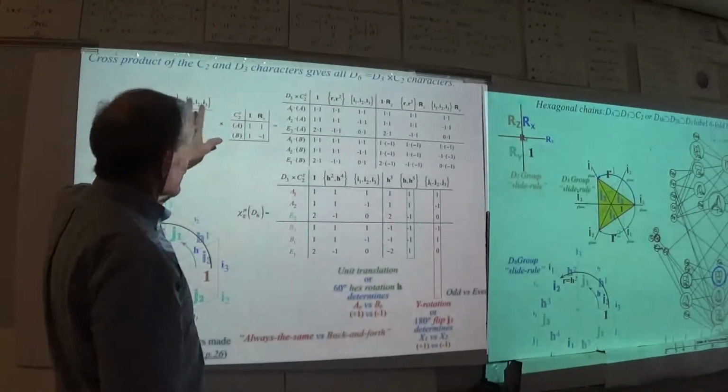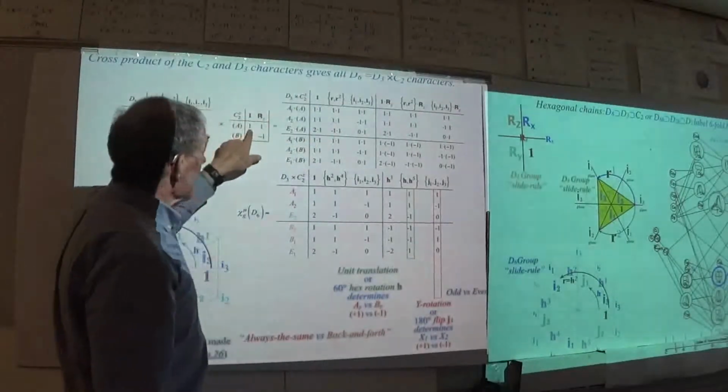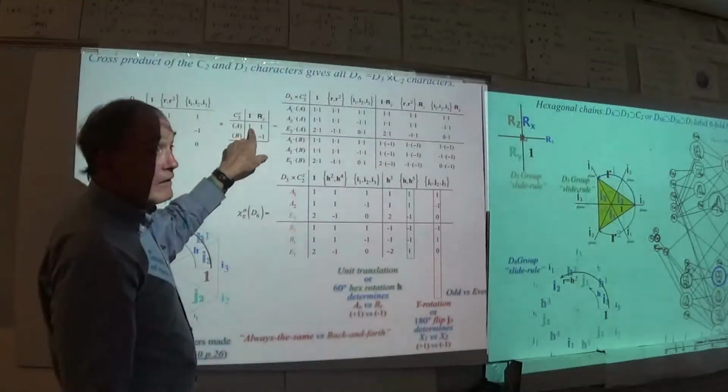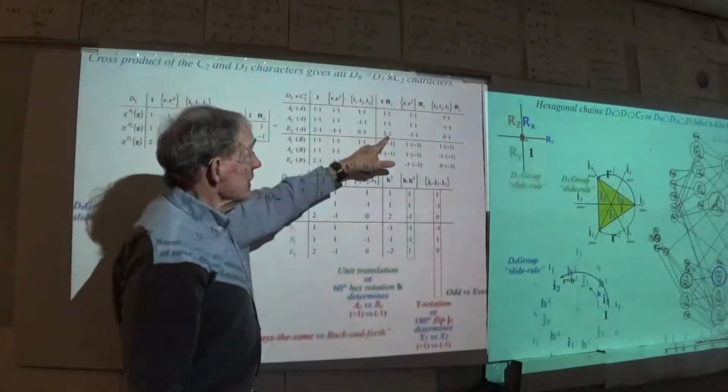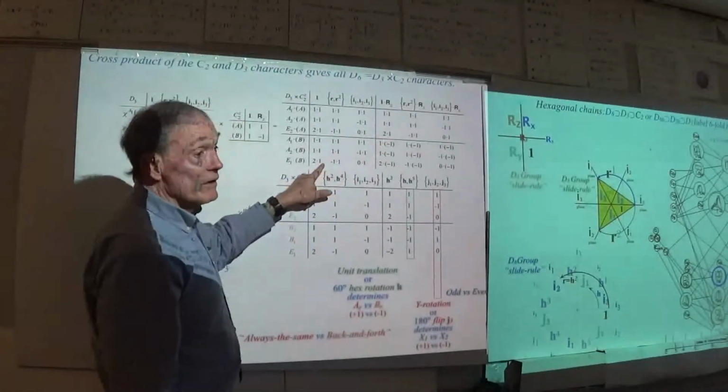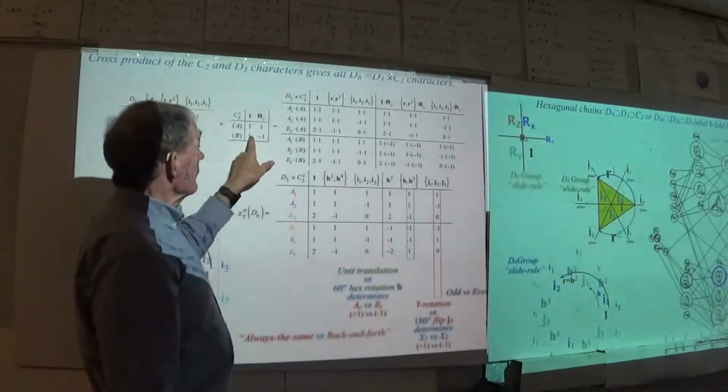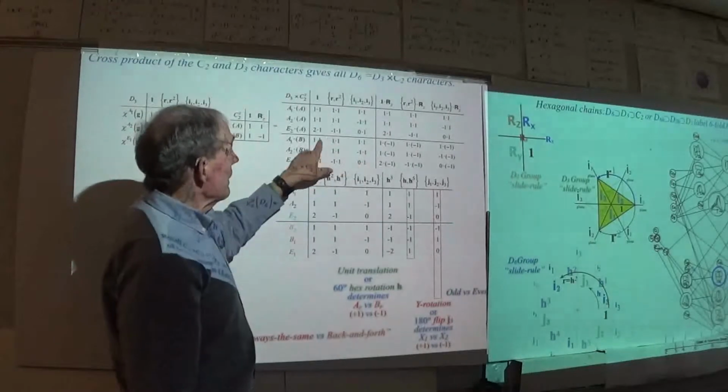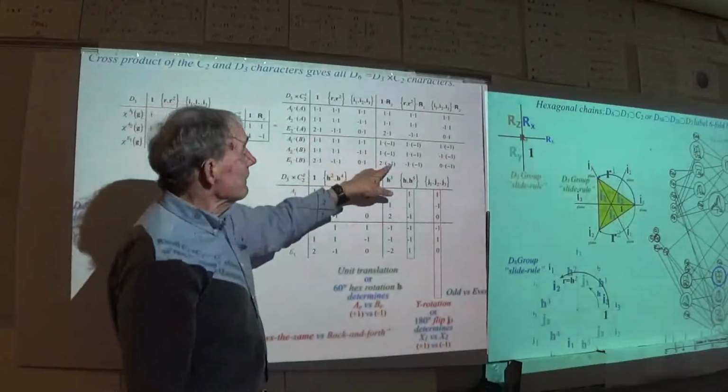So I'm putting this table over that number 1. Then again, that's this number 1 going on the right, and then minus 1 going on the right.